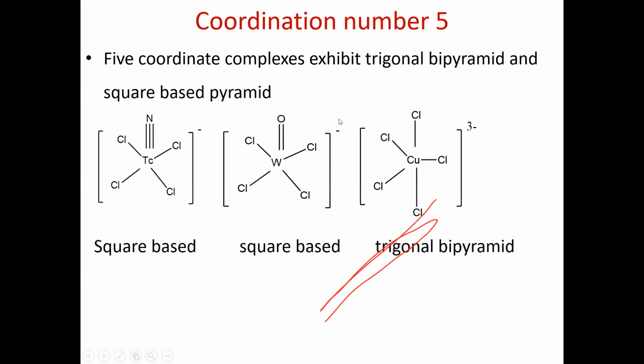And for coordination number of 5, we can have trigonal bipyramidal. So this is the structure of your trigonal bipyramidal. And this is square base. They are all trigonal bipyramidal, but we normally say this is square base, because if you look at the structure, it's a square. These are square base and these are trigonal bipyramidal, but they all contain 5 ligands and 5 donor atoms.